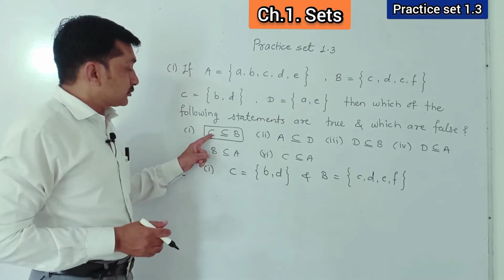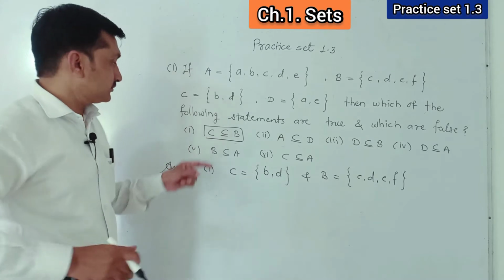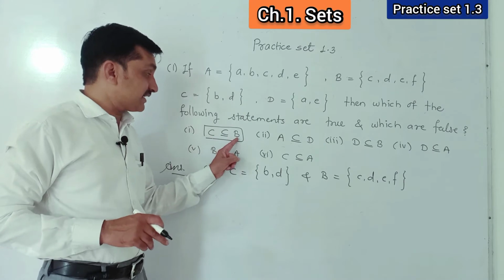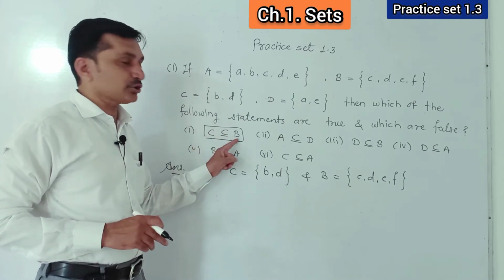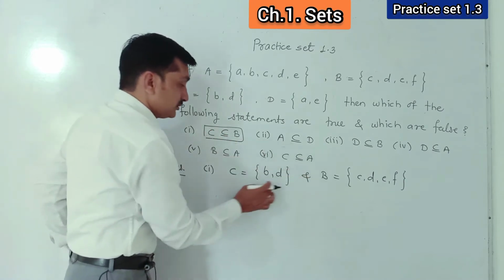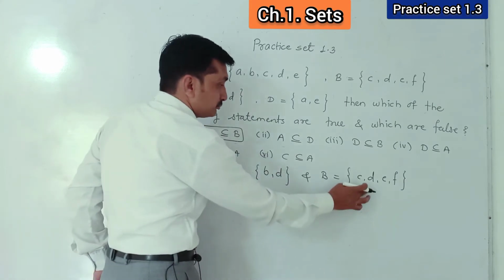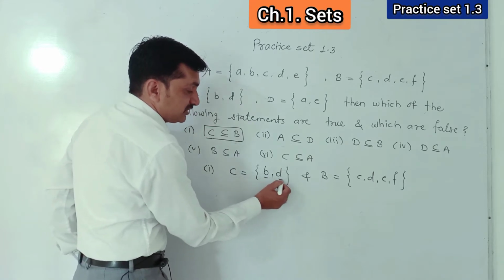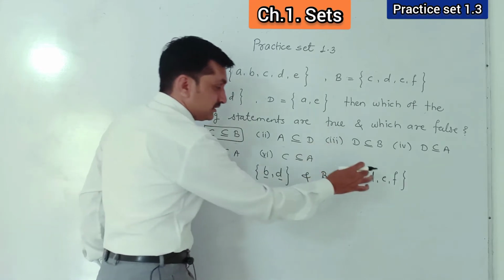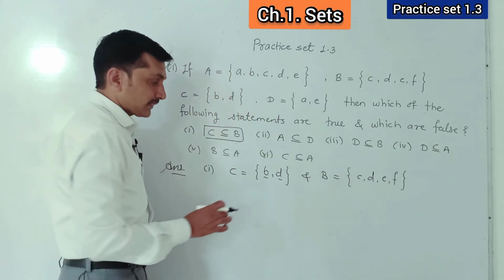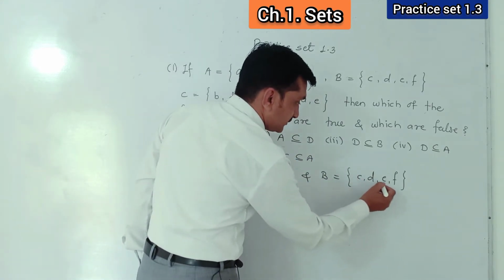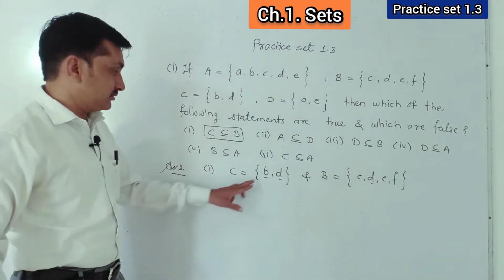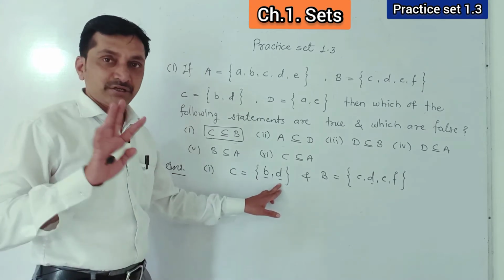Okay. Now subset means you know that if all elements of C are present in set B, then C is a subset of B. Means all elements of C should be present in B. Now here elements of C are B and D, means B and D should be present in set B. Now see here, D is here, but B is not in set B. We want B and D both present.